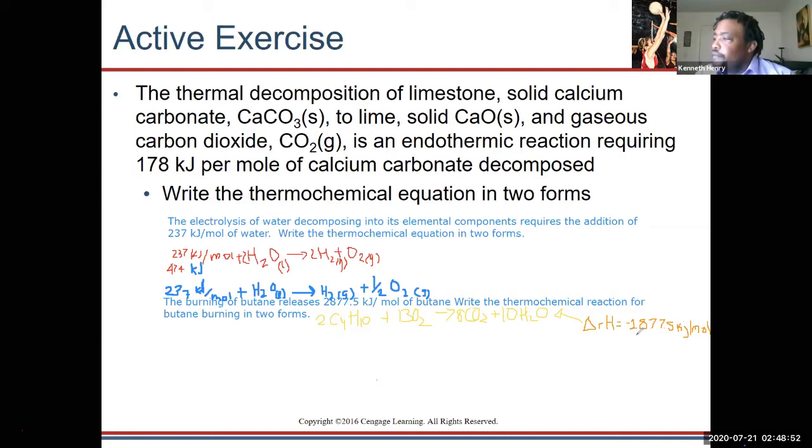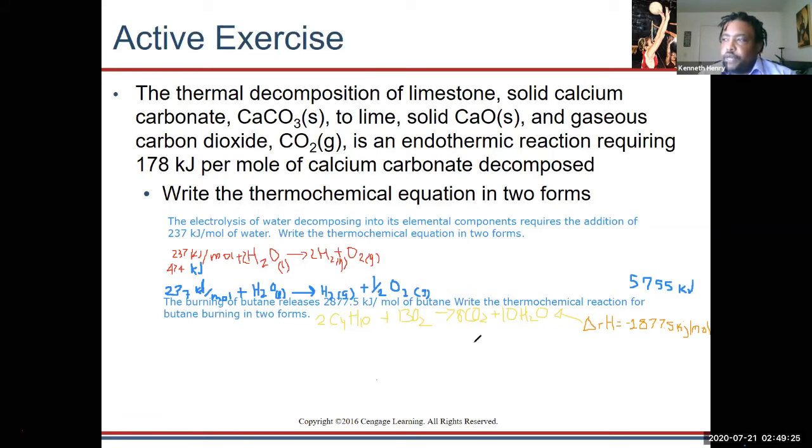And then it would be 575 kJ. Unless we divided everything by 2, and then we can use that value there, because this is per mole of butane.